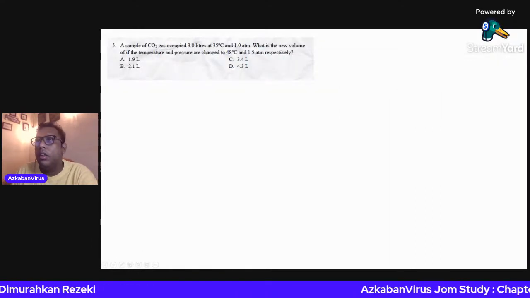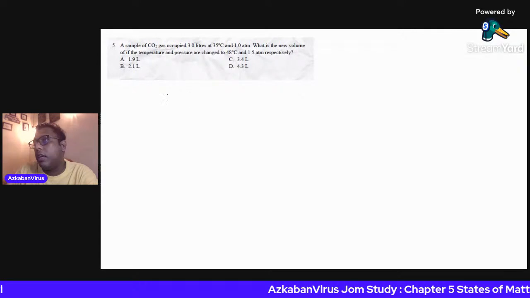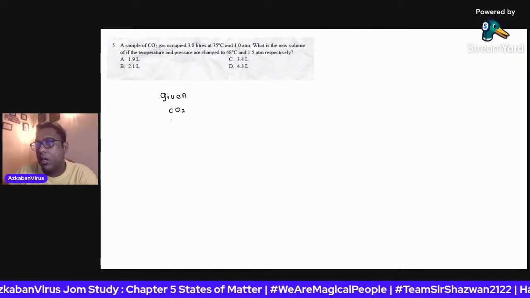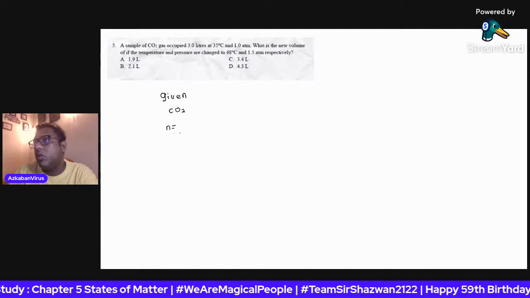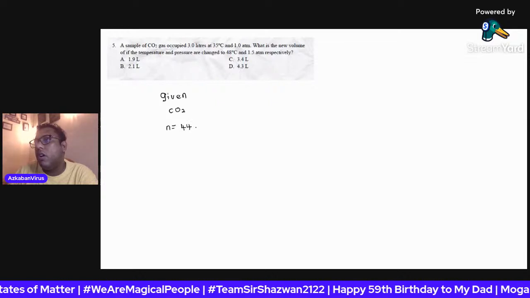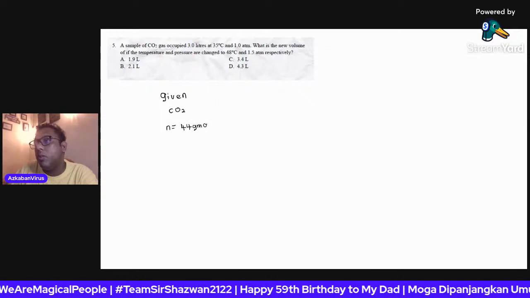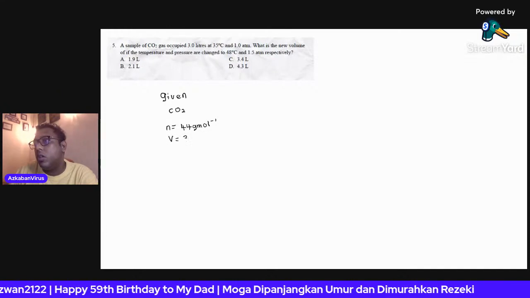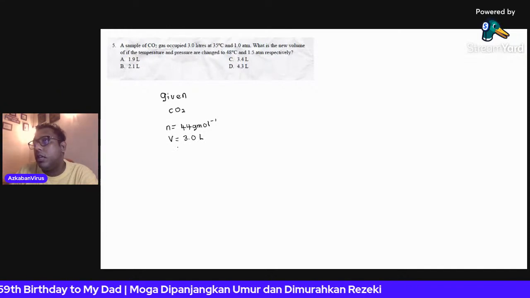Soalan 5. Sample of CO2 gas, okay, given CO2, M is equal to 44 gram per mole. V is equal to 3.0 liter.